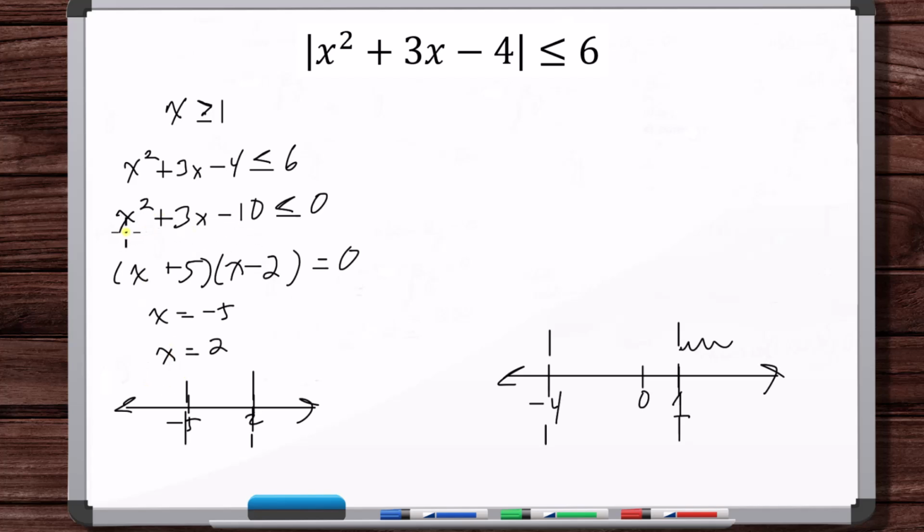We're trying to see where this is positive and negative. So if we plug in, for example, 0, that's between minus 5 and 2. You get negative 10. So we know it's going to be negative in this region, and it won't change signs unless it goes through 0. So only crossing over these two spots.